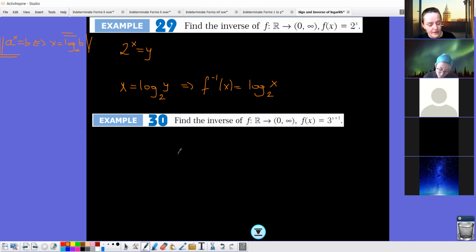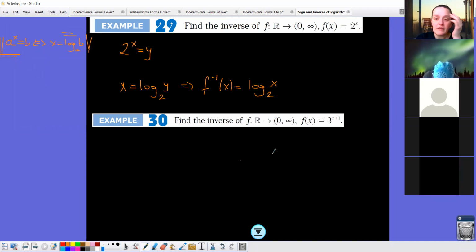Now, if you have written this one, let's see the other example. Here it's a bit different. Again, I will do 3 to the power of x plus 1 is equal to y. Always I will equalize to y, and then my aim is to find x in terms of y.